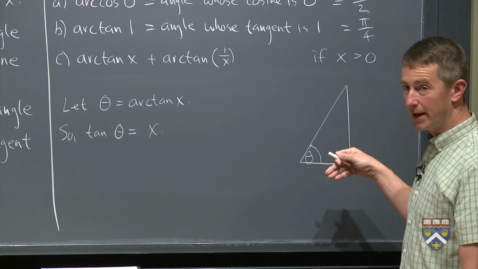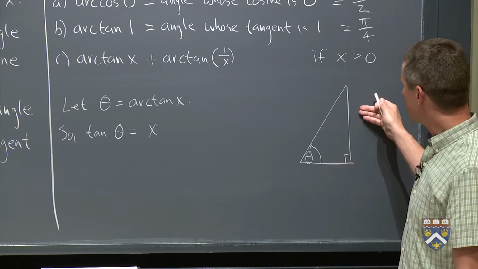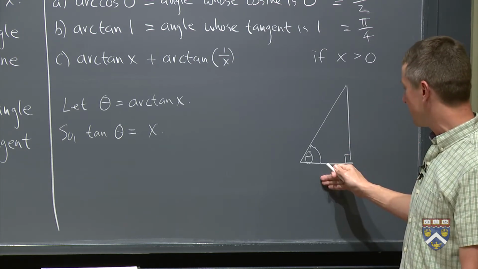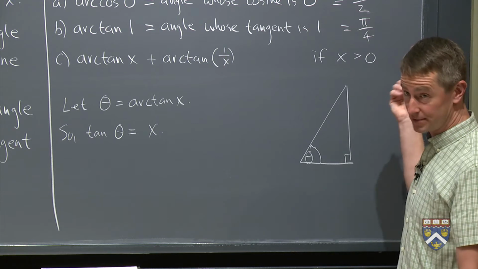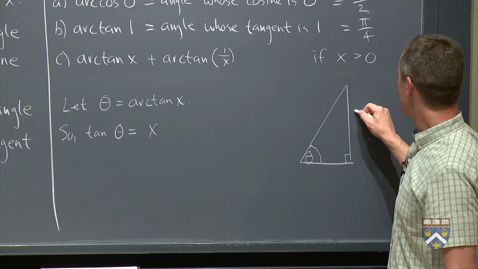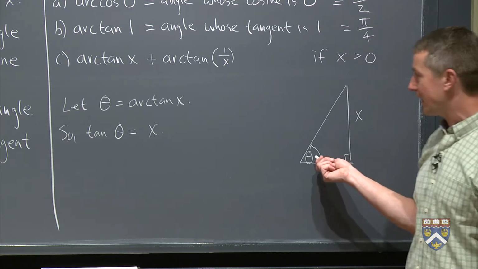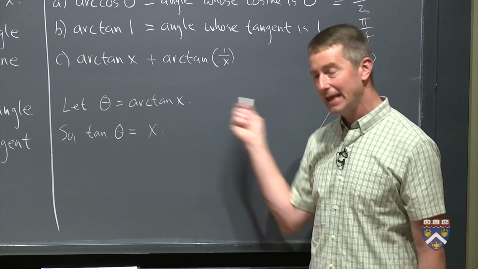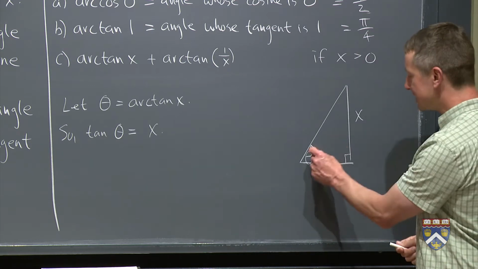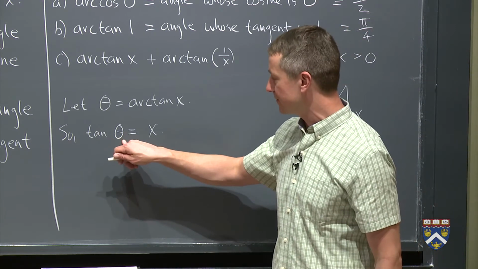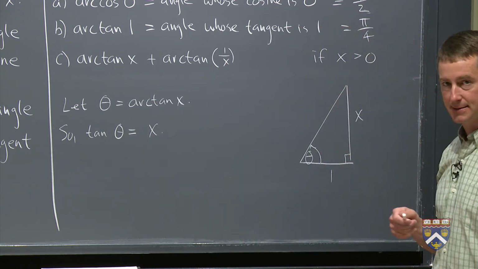Now there's infinitely many ways you could choose to put these. You could put 11x here and 11 here. You could put 35x here and 35 here. And they'll all work, that's fine. But the easiest way, I think, would be to put an x here and a 1 here. So can we agree that we have now created an angle, theta, that equals arctangent of x? This angle is arctangent of x because the tangent of this angle is x.